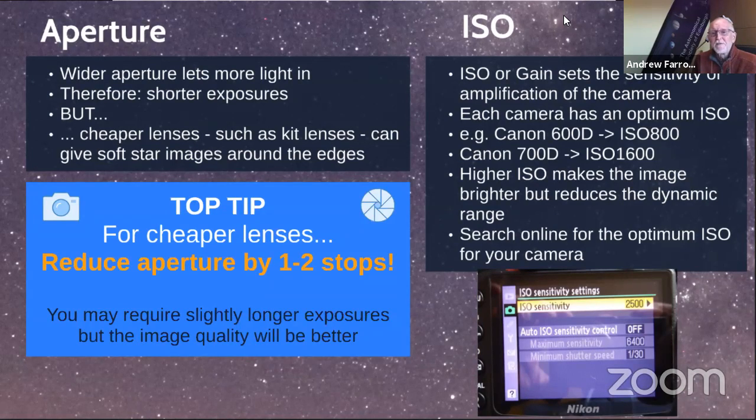But you want it high enough to be able to actually see something. So you can have a look online at what the ISO is for your particular camera. I tend to use mine when I'm doing dark skies around 2000 or 2500.